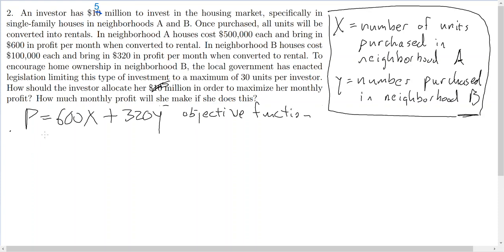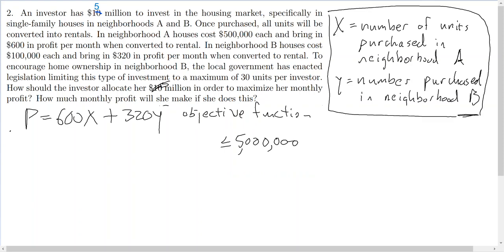Now let's write down the inequality constraints. So let's start with the $5 million. Whatever she invests has to be less than 5 million. So let's write that: 5 million, 6 zeros. What has to be less than 5 million?